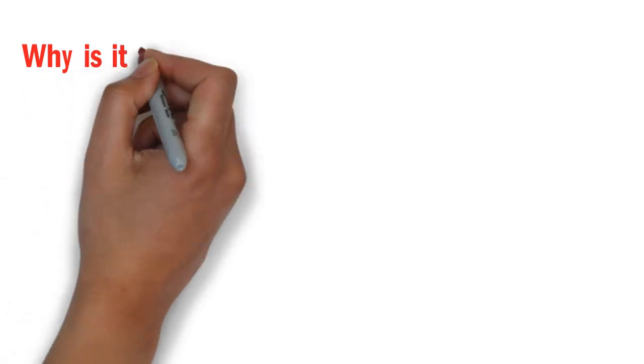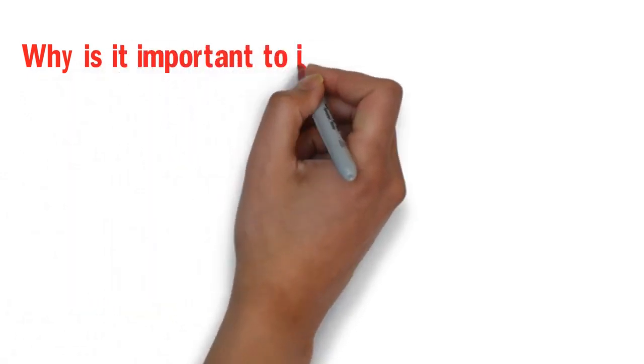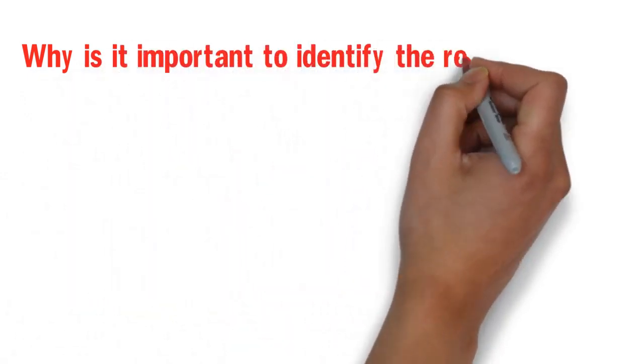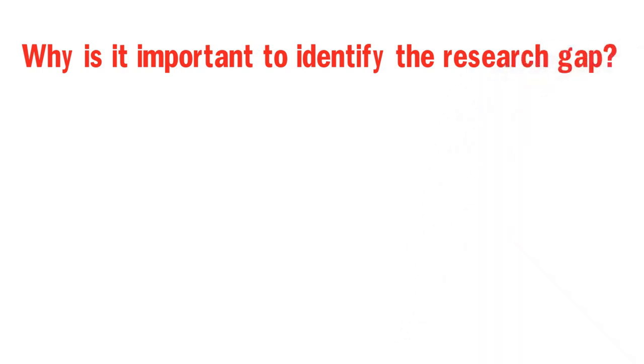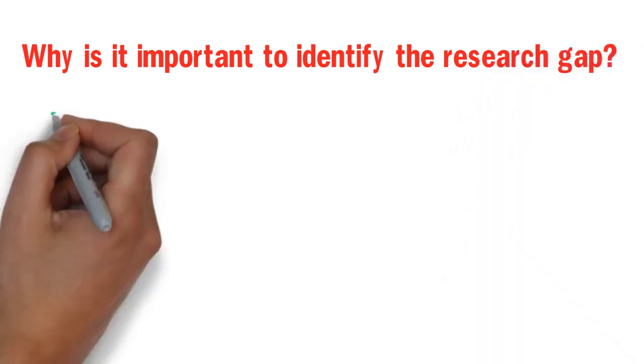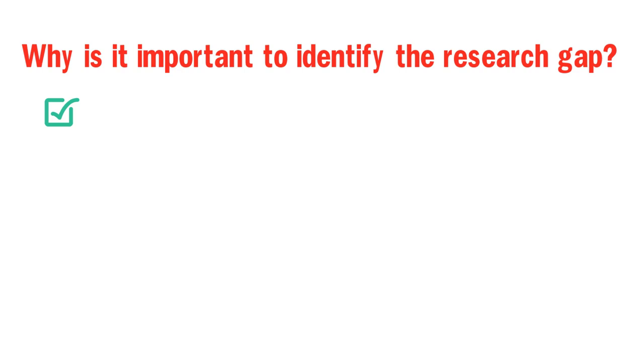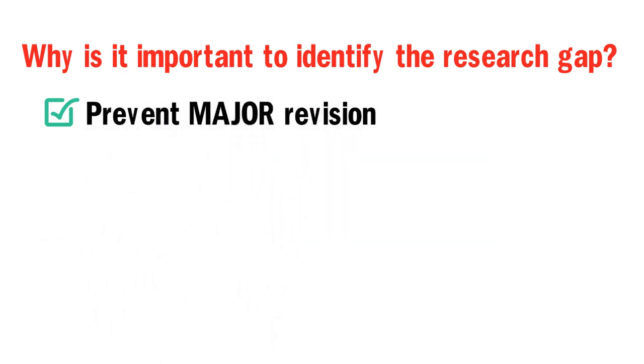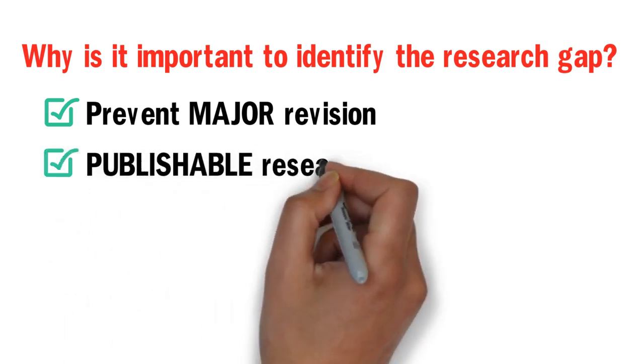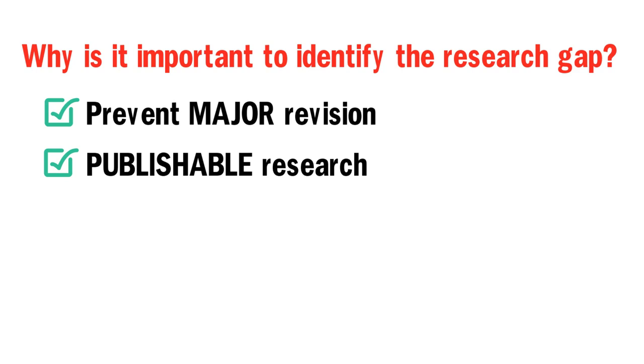As we can see, identifying the research gap and articulating it in the background or rationale of the study is important not only because it will spare the researcher the unnecessary toil of making major revisions, but also because it will make the research publishable.